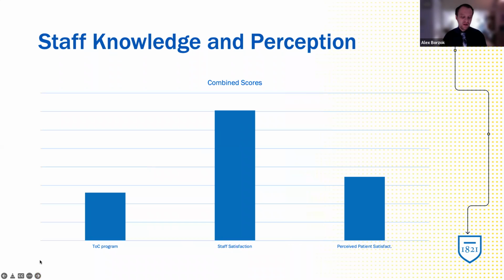The staff knowledge and perception also went in tandem with this. And this is very interesting though. The staff reported that they perceived patient satisfaction to be very low, which is very accurate. However, the staff were satisfied with the processes that were currently in place.